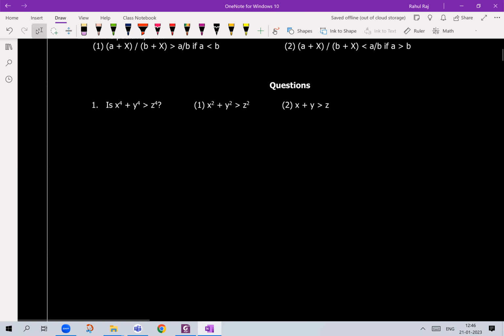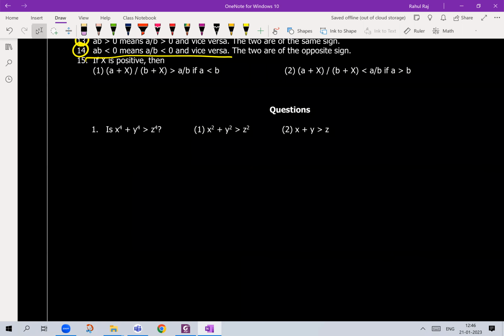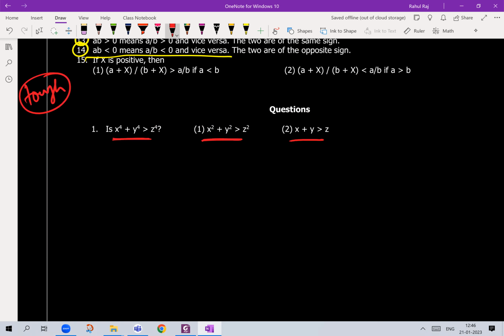Now here, the structure of this question is pretty direct. There is no information whatsoever given to you. Please understand, when there are more variables involved in the question, it is likely to get tough. And if there is no relation given between those variables, it means the question is tough. That's a plain understanding. Here the question asks: is x^4 + y^4 greater than z^4?